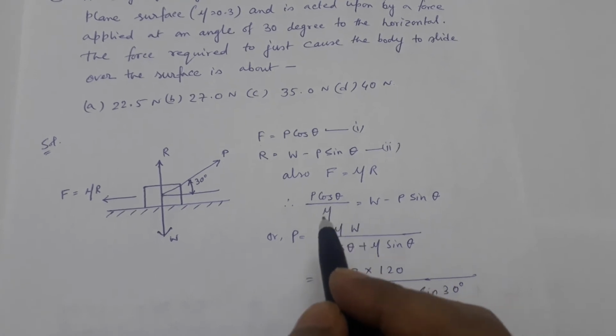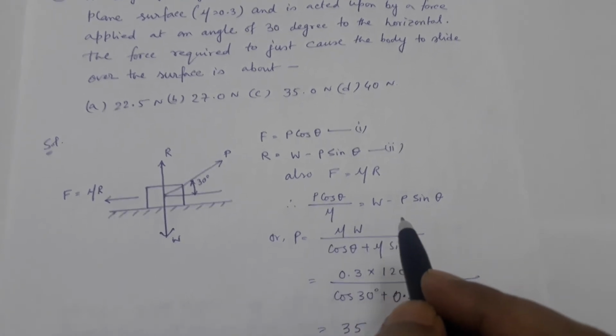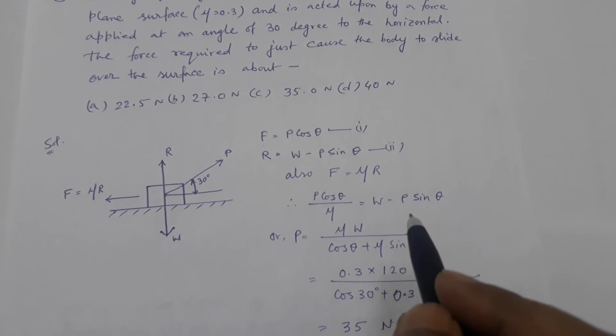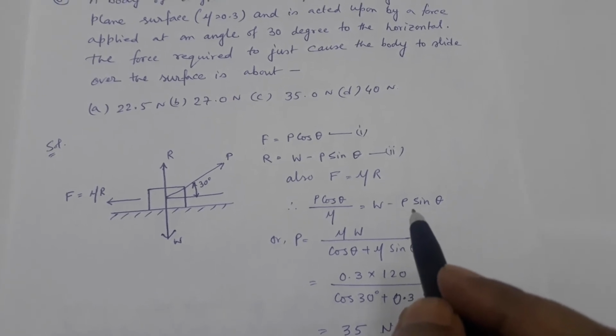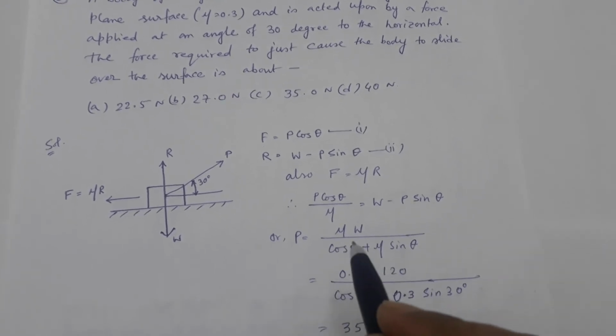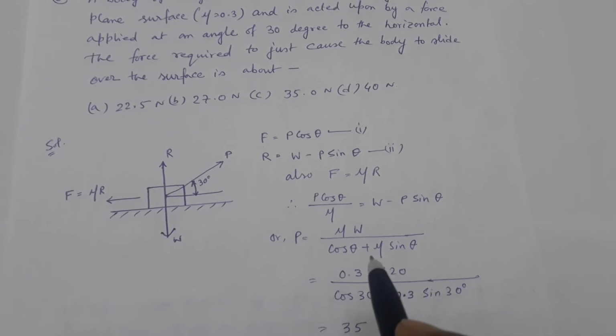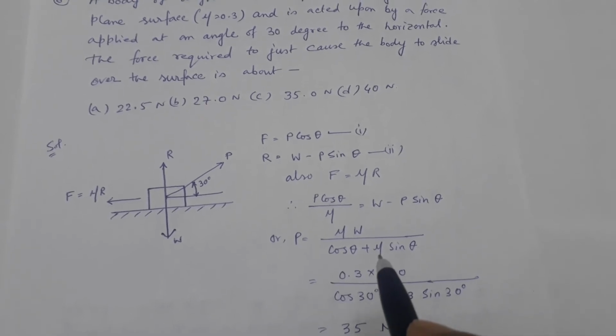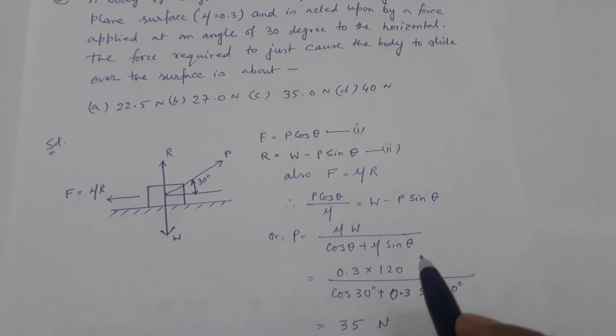P cos theta by mu equal to W minus P sin theta. So the force P equal to mu W divided by cos theta plus mu sin theta.